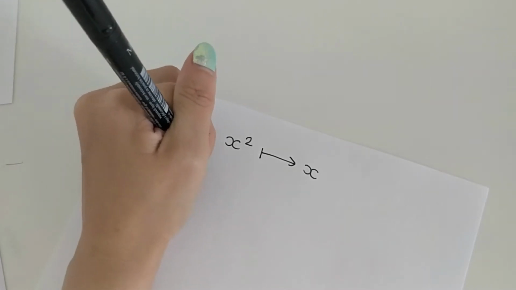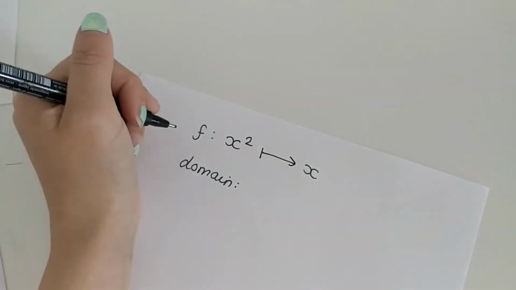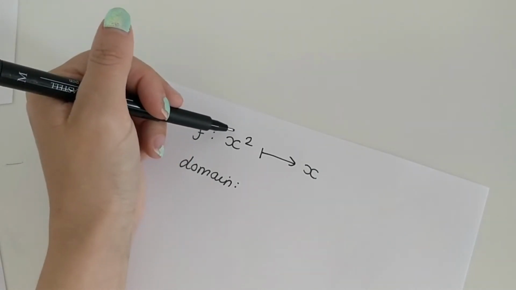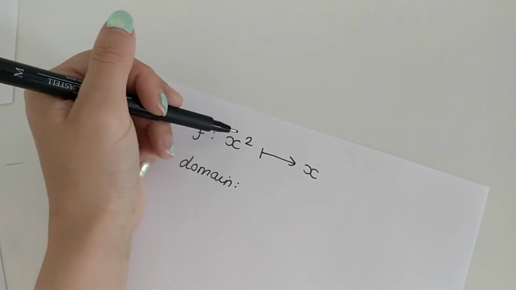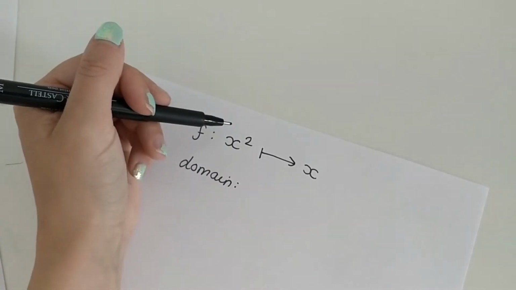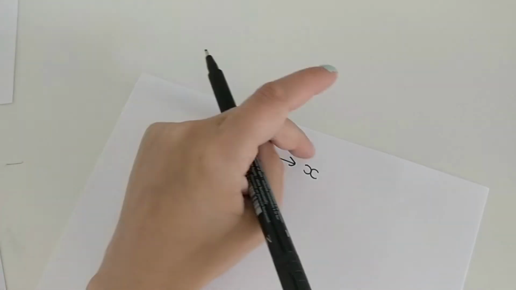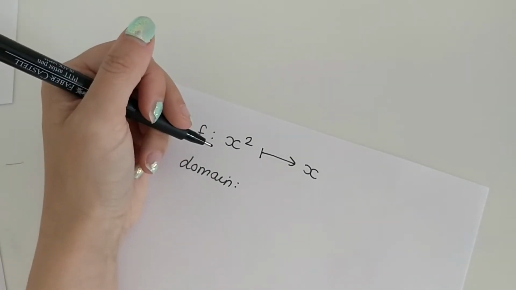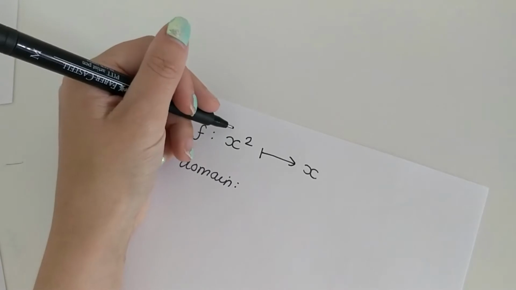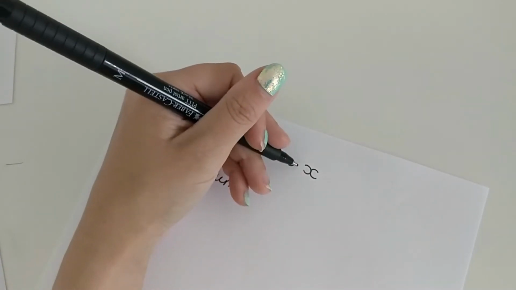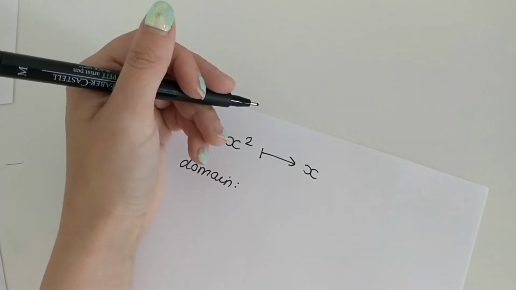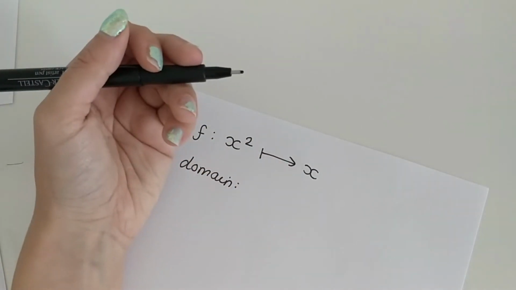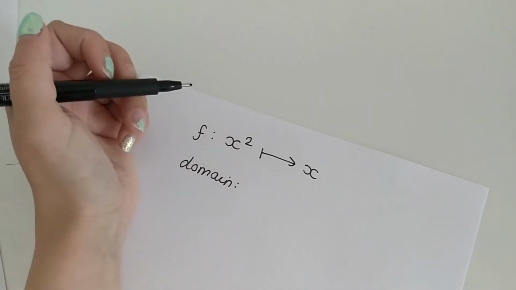Okay, the domain. So what's all the possible inputs of this? What can I put in as x squared and give me x? Well, as long as I don't mind having decimals and stuff, I could put any number. I could put 5 here. My answer would then be the square root of 5. Well, it would also be the negative square root of 5, but that's fine.